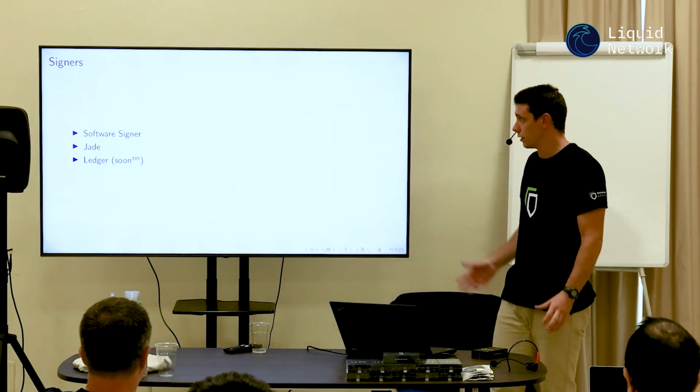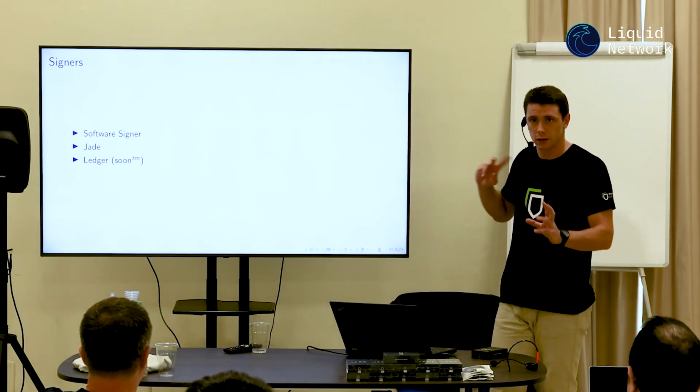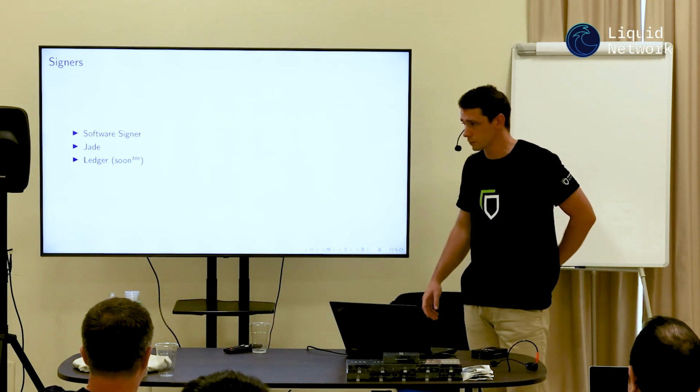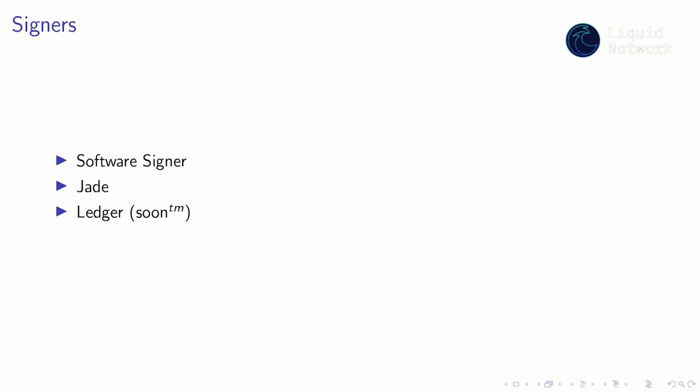So speaking of signers, I already introduced them during the LWK crate introduction. Possible signers are software signers, which are basically a mnemonic, an extended private key, or a BIP32 seed. Those are the ones that are more handy. Most apps use them, but they are the ones that are more unsecure.